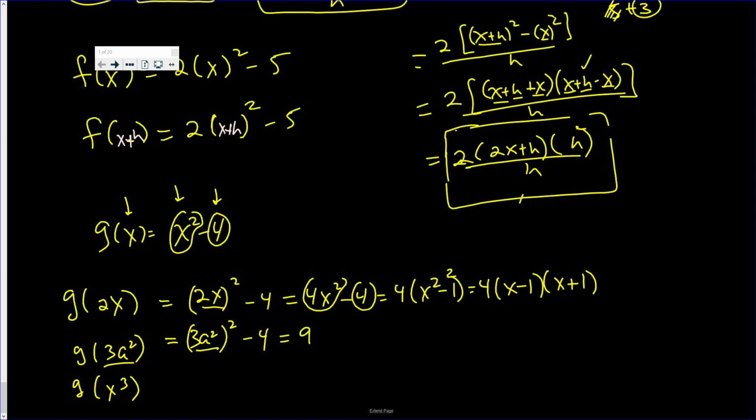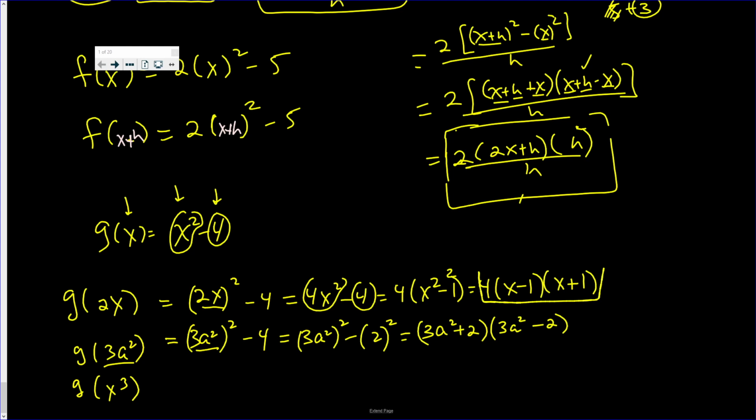3a squared is... Now, this here is also the difference of squares. It's 3a squared minus 2 squared. So 3a squared and 2 in one bracket, 3a squared and 2 in the other bracket. One gets a plus, one gets a minus. And then, like we should have done up here, ask yourself if you can factor any more.